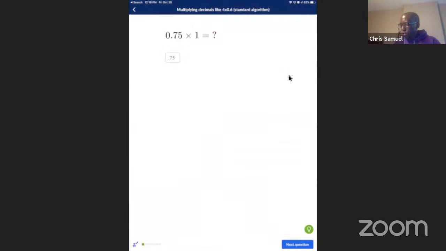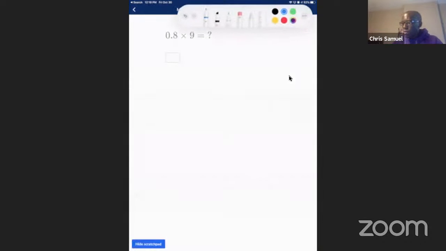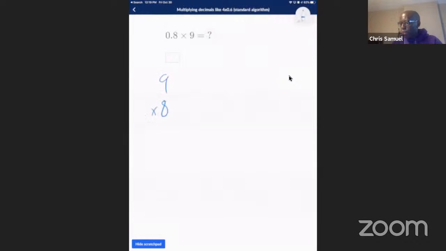Move on. Next one. All right, so next we have 9 times 0.8. So let's go ahead and say 9 times 8. It's pretty much 72. So 9 times 0.8 is pretty much 1 decimal place, and it should be 7.2, right?